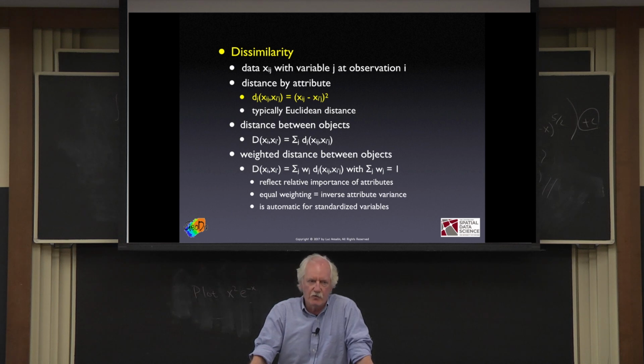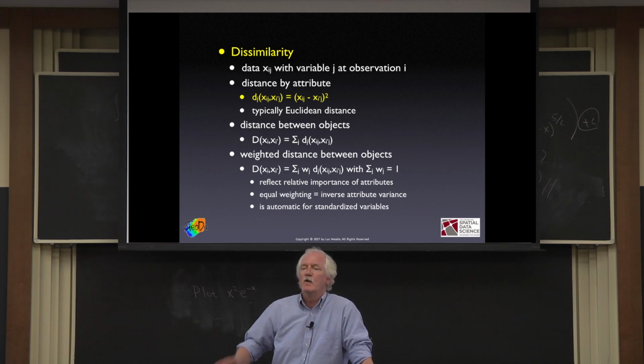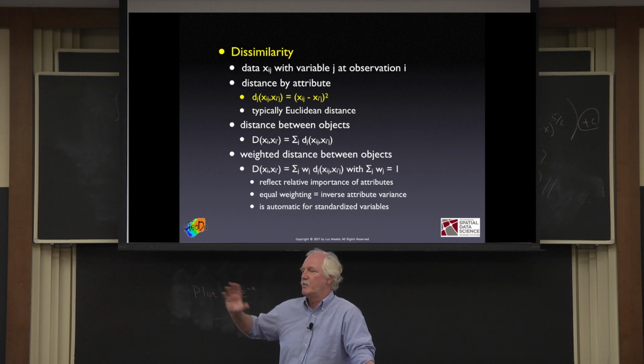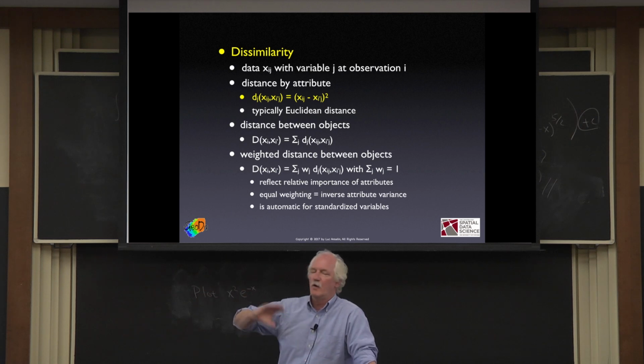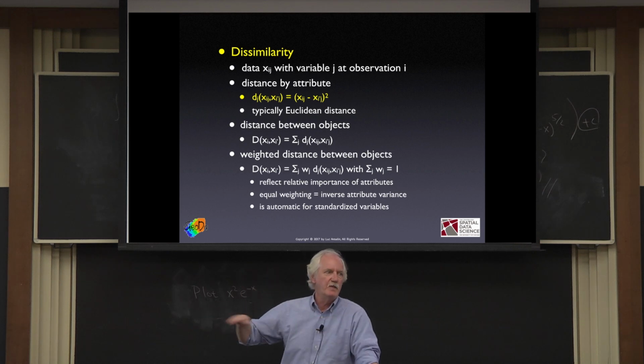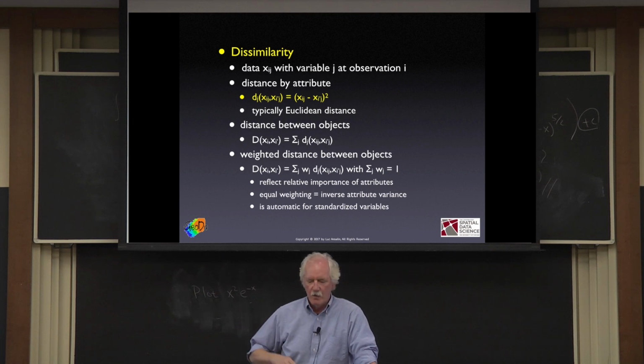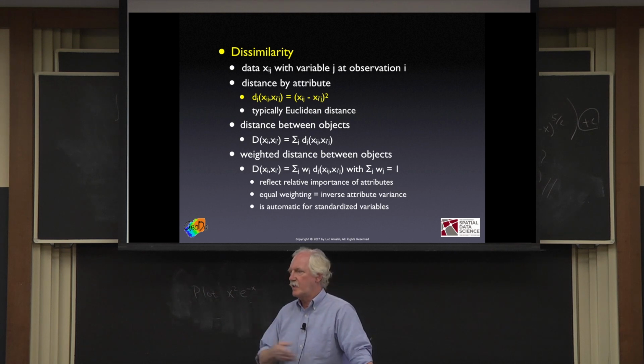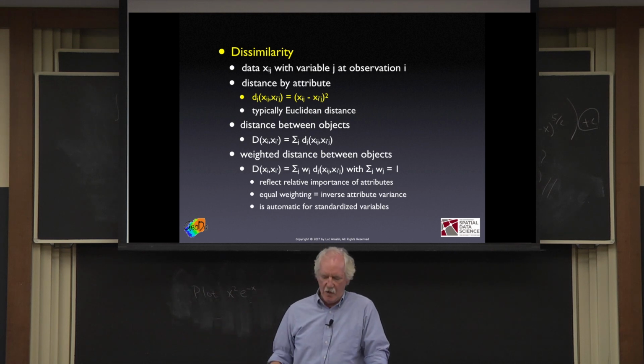It's good practice to standardize the variables, because in a lot of multivariate analysis you are going to get the effects of scale. Some variables are measured in thousands and others in tens. So you want to get rid of that, and you standardize everything so that it has a mean of 0 and a variance of 1. Then the weighting doesn't matter because they all have the same variance, so you don't have to worry about it.